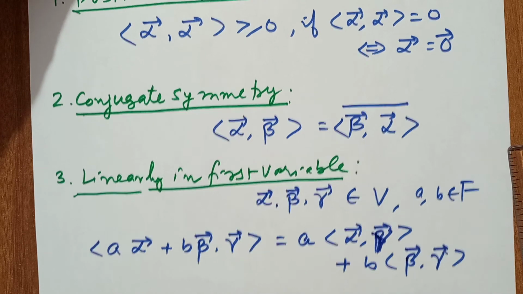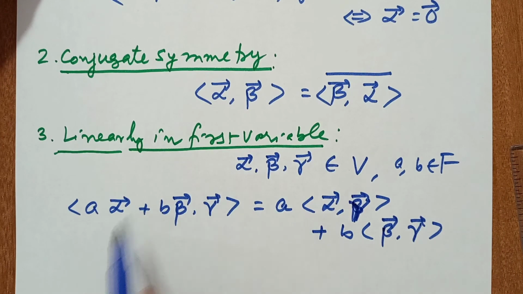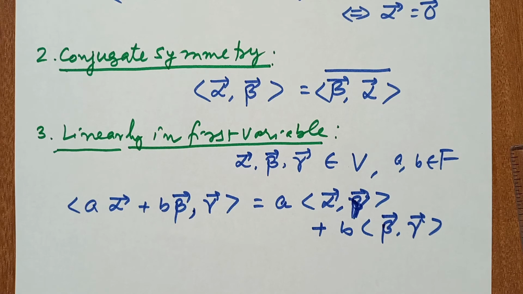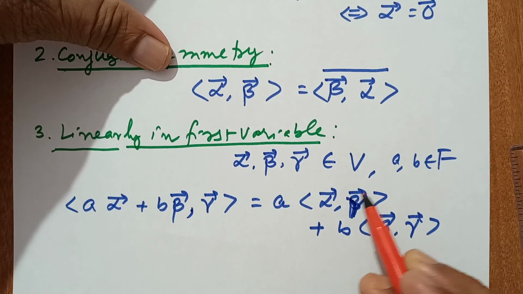So this is linear in the first variable. This is first and this is second. So here, inner product of a alpha plus b beta, gamma equals a inner product alpha, gamma plus b inner product beta, gamma. Okay, so this is the third property. Here this is gamma.